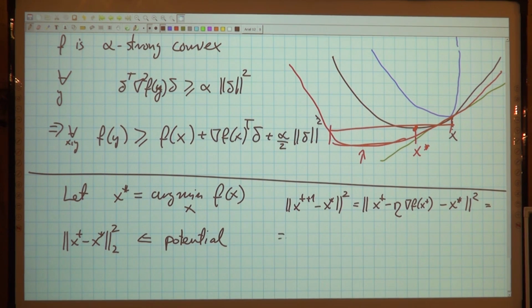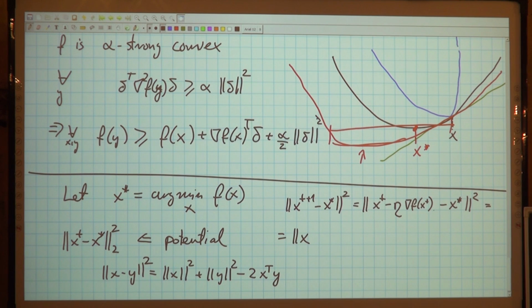So this is equal to what? You know this equality, right? The norm of x minus y squared is equal to the norm of x squared plus the norm of y squared minus 2 x times y. This is the usual L2 norm identity.